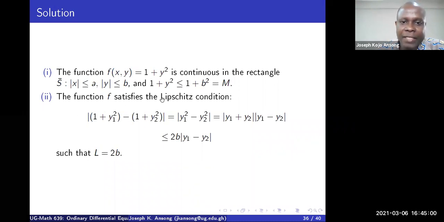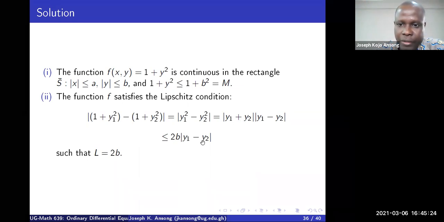Then the function f satisfies the Lipschitz condition, right? We can easily show that. We've done this before. Take this minus that, which gives you this. This is equal to a difference of two squares, so 1 plus 1. So I can take the max on the y in the rectangle. The max is b, so I can plug in b and b.